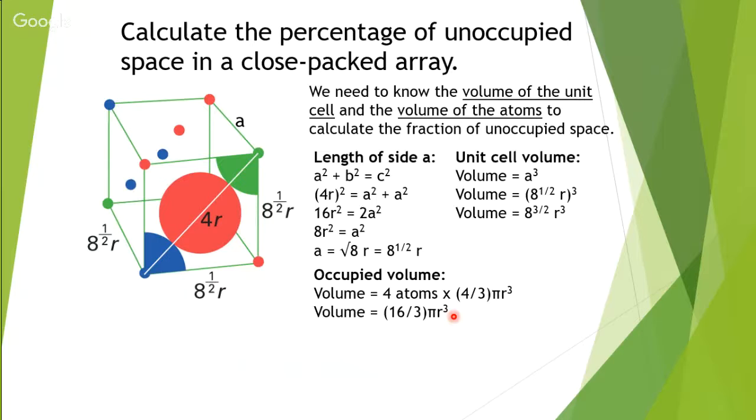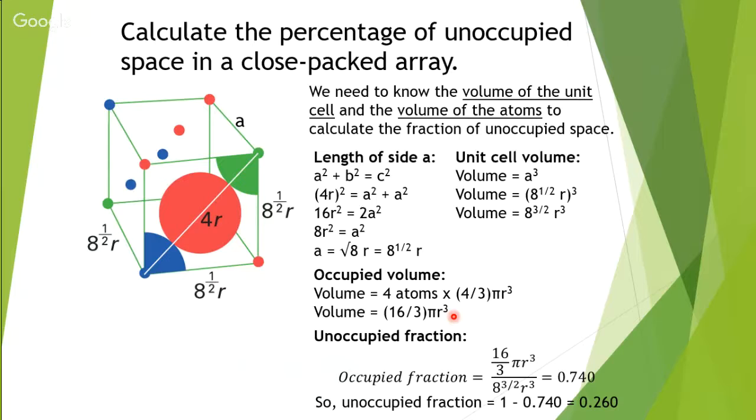If we just want to get a rough idea of what is occupied or what is unoccupied, then it actually works out pretty nicely that the radius cubed terms will cancel out. So for a face-centered cubic structure, if we plug in the occupied volume on the top over the total unit cell volume, then the R cubed terms cancel out, and the rest is numerical.